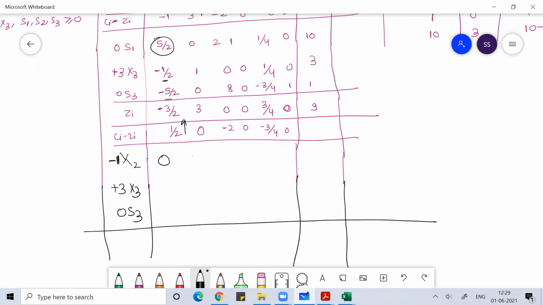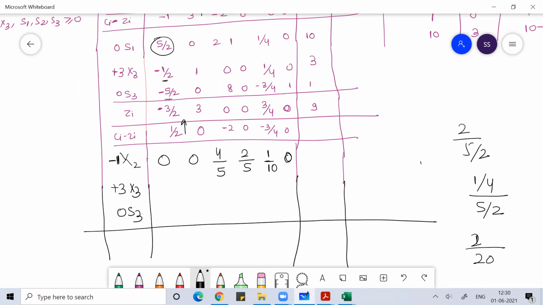This is 0, 0. 2 divided by 5 by 2, this is 4 by 5. Then this is 2 by 5. Then 1 by 4 divided by 5 by 2, 1 by 10. Then 0, then 10 divided by 5 by 2, 4.